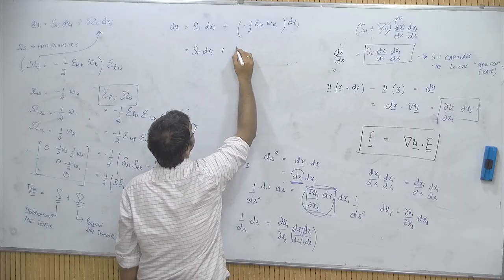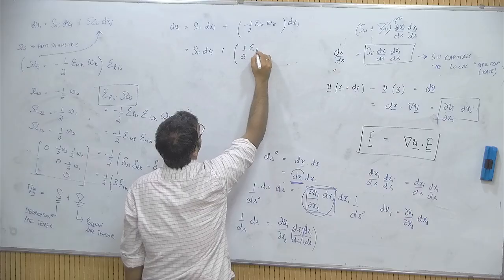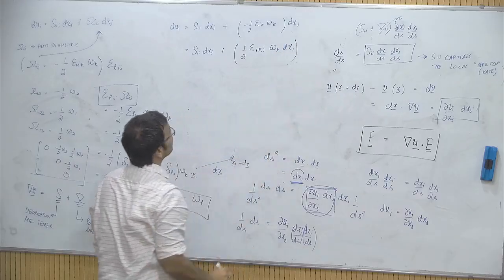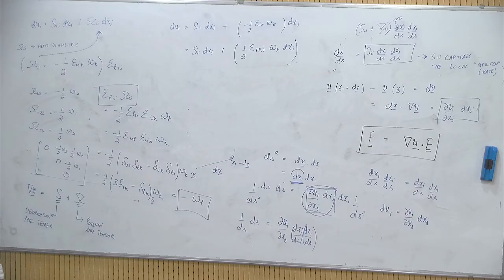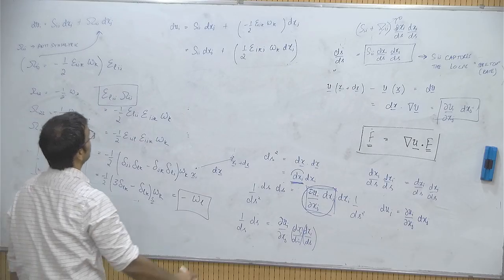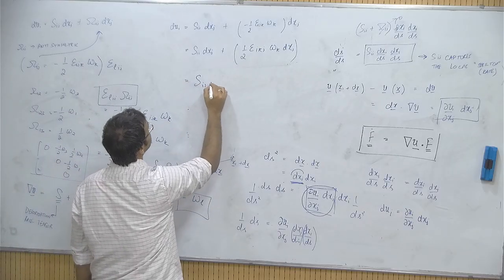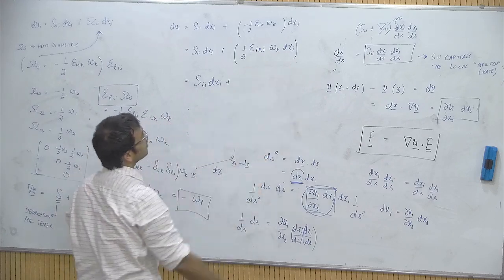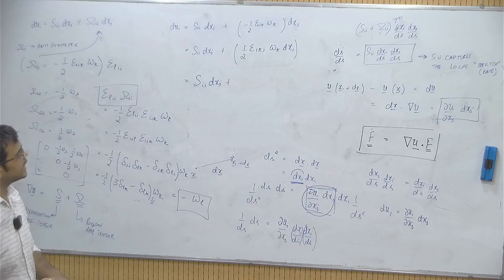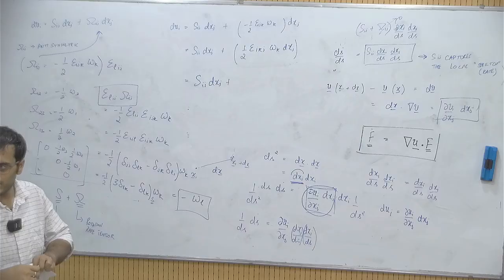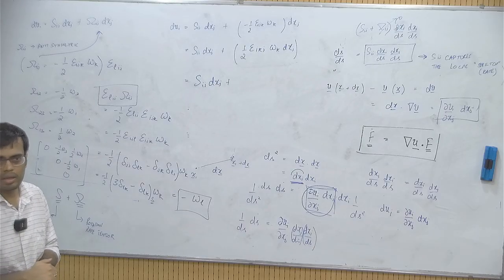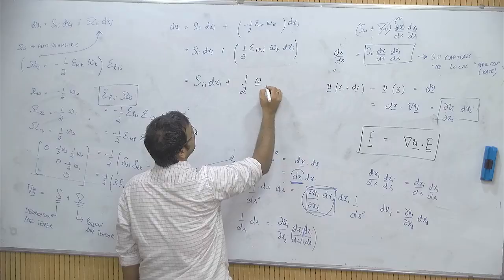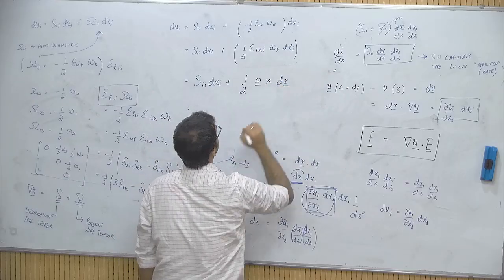So I can write this as half of epsilon ikj omega k dxj. And this is equal to Sij dxj plus, what can you see this term as? Epsilon ikj omega k dxj. That is half of some vector omega cross dx vector.